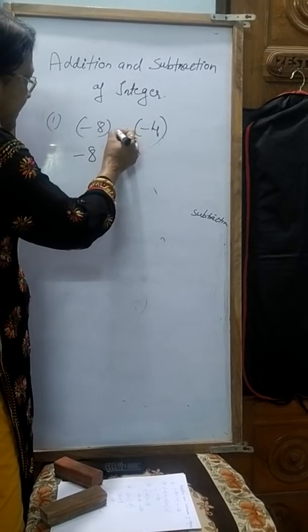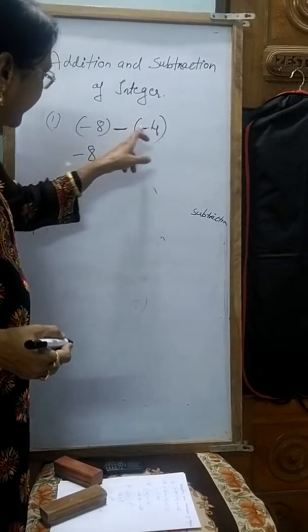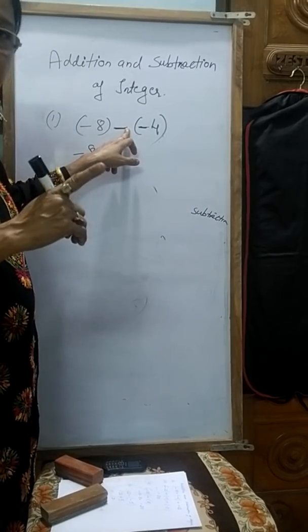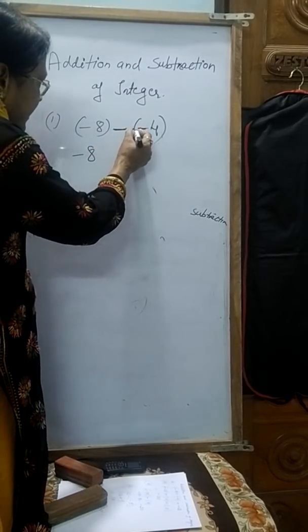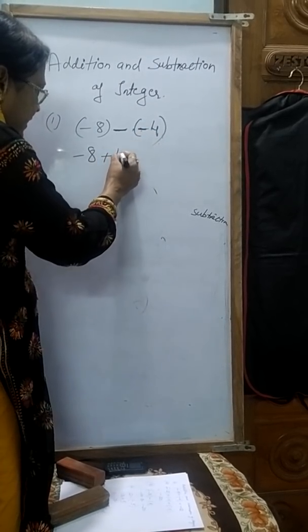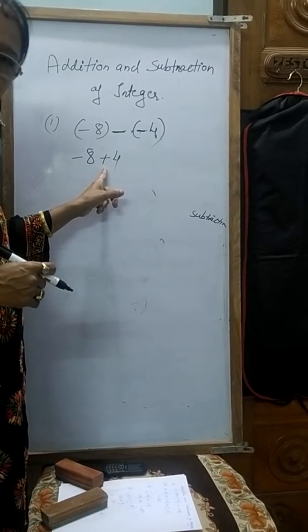Then minus sign is present outside the bracket and minus sign is present inside the bracket. Actually here it is the case of multiplication. In multiplication, minus and minus you will get plus 4.